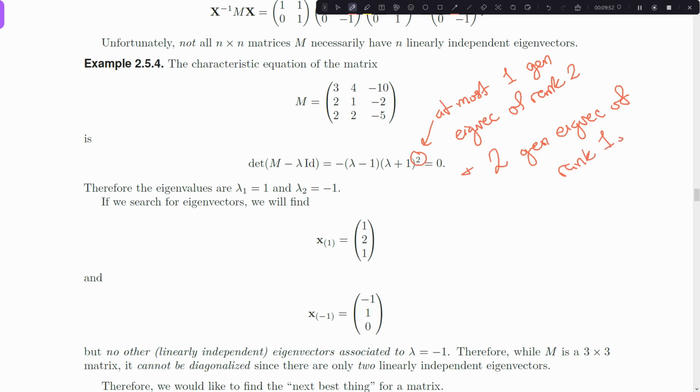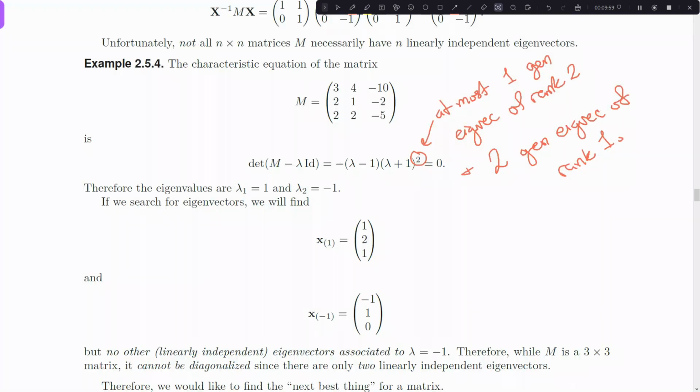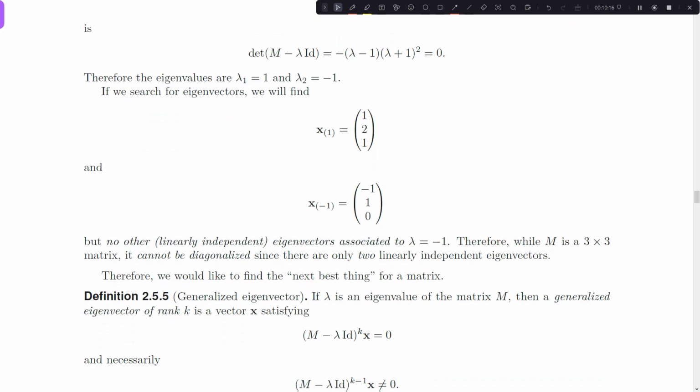And the reason why we gain the two of rank 1 is that a rank 1 generalized eigenvector is the same thing as just an eigenvector that's not generalized. So that's where my 3 will show up. I'll be able to find basically one more eigenvector corresponding to lambda being -1. It just so happens that it will be a rank 2 generalized eigenvector.